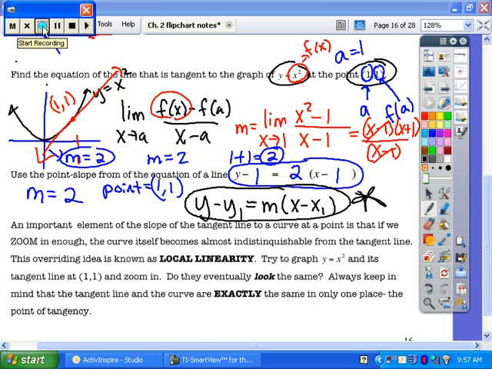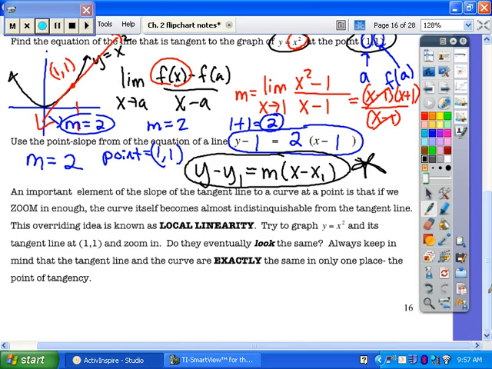Okay, one of the concepts that we're going to see with the tangent line is local linearity. And this is going to be a question that'll come up. If we look at this graph of y equals x squared, and we go really close to this point right here, to 1, 1, the tangent line is going to be a really good approximation to the actual function itself.